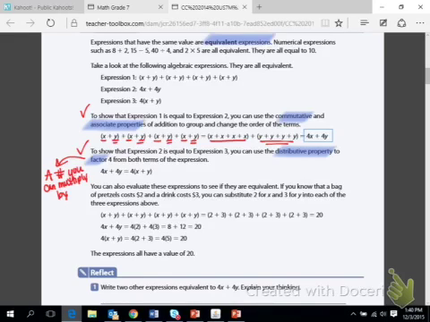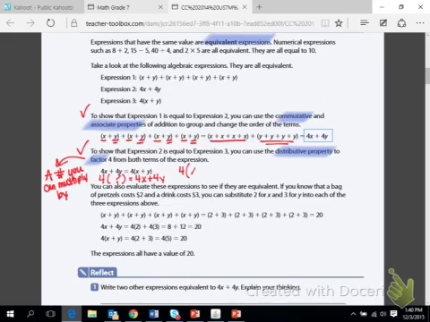So given the expression 4x plus 4y, we're asking, how do we factor that? 4 times what will give us 4x plus 4y. If we know our factor needs to be 4, what will we multiply by to get 4x?